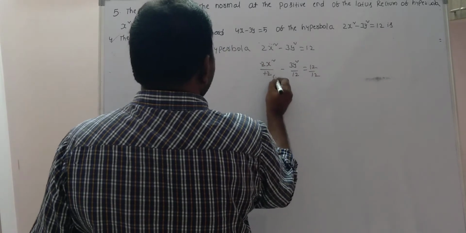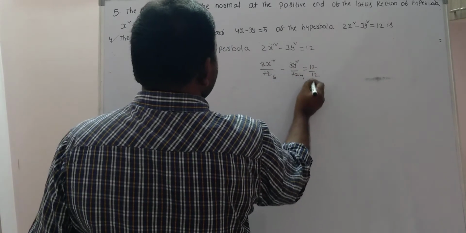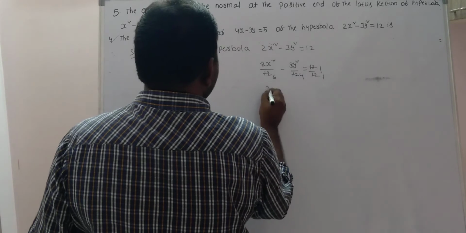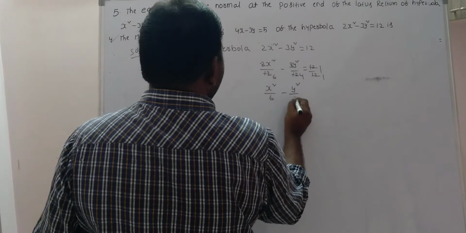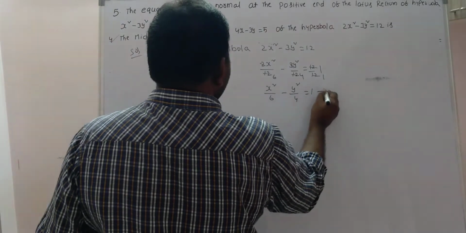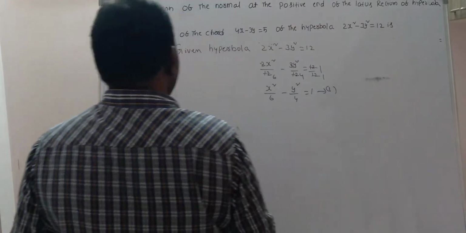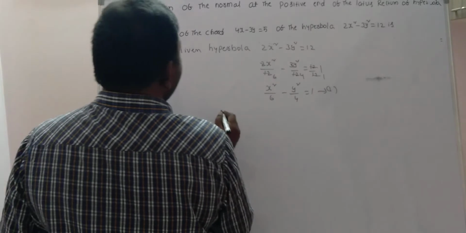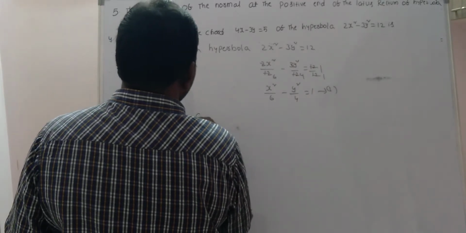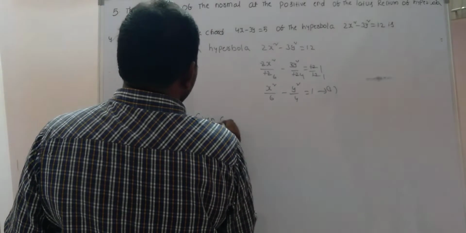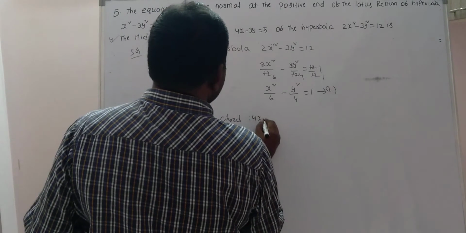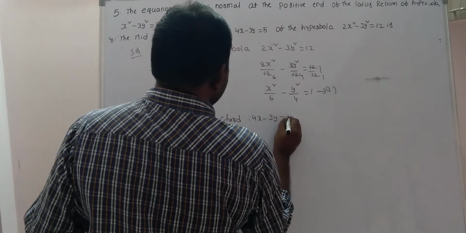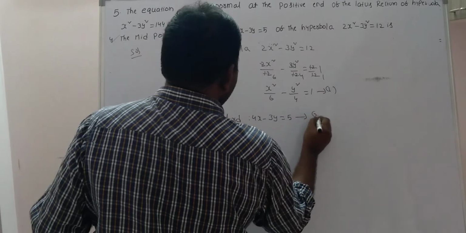So here x square by 6 minus y square by 4 is equal to 1. Take this as the first equation. Then we take the given chord, that is 4x minus 3y is equal to 5. Take this as equation 2.